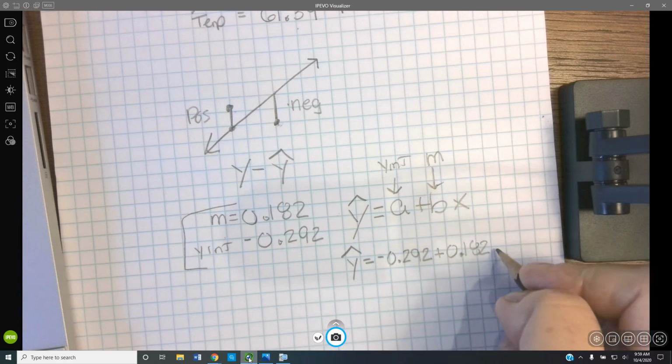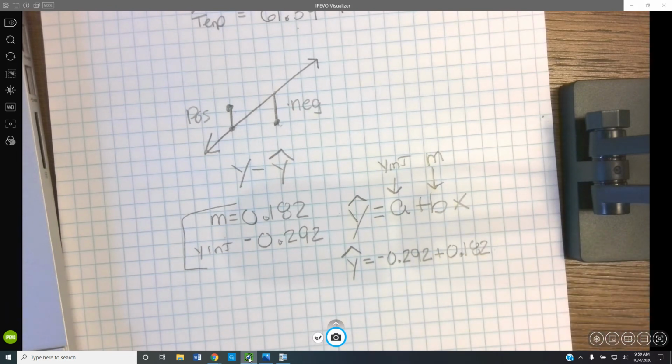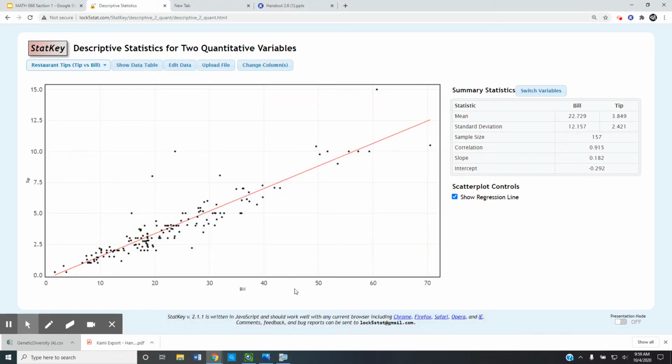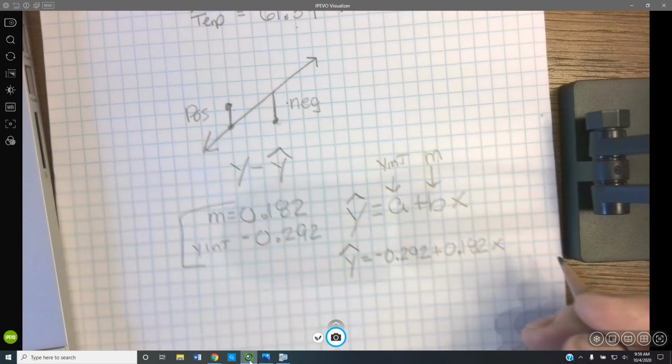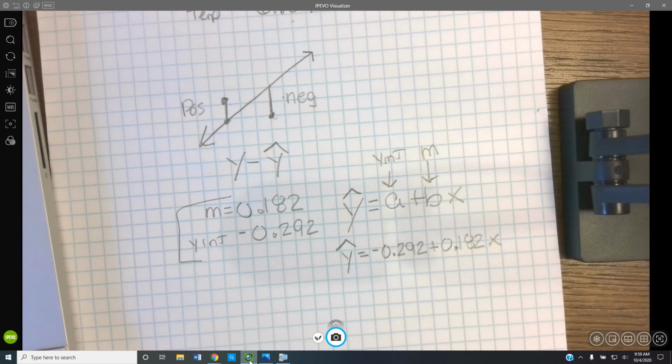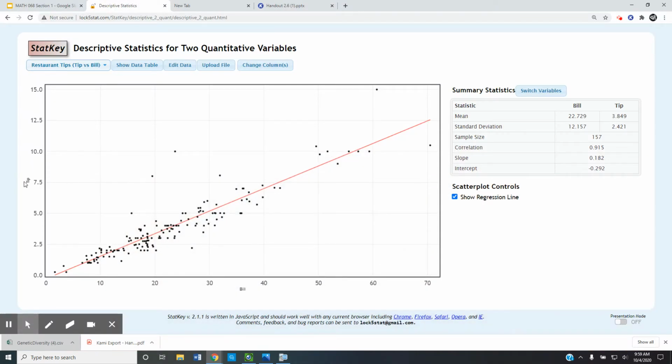times x. But hold on, I'm going to go back and figure out what x was, and it was the bill. See it right here? The bill. So I can make this equation a little bit better. What was it predicting? It was predicting the tip.